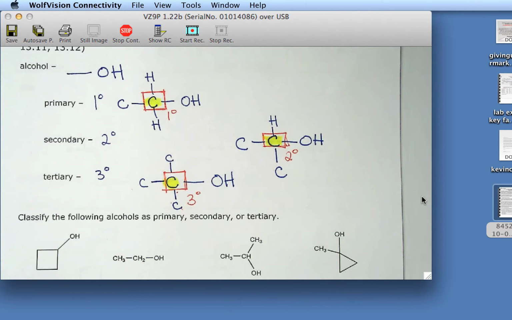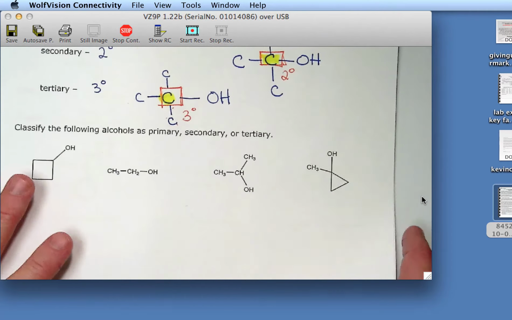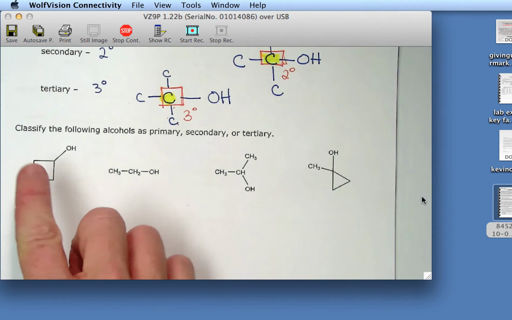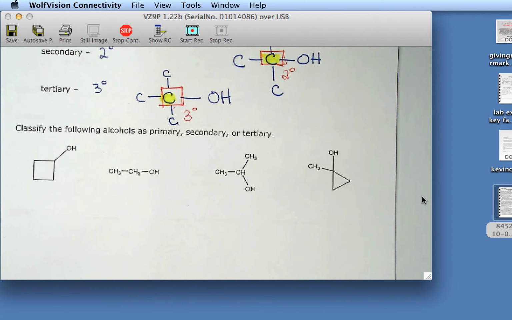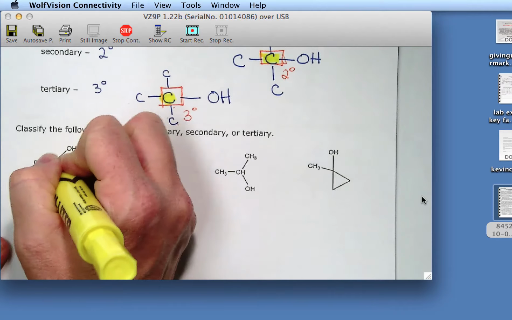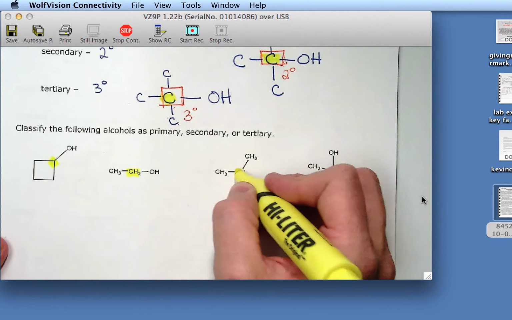So you'll use it to write out little things to remind yourself about reactions. When you're asked to classify alcohols as primary, secondary, or tertiary, the only place you're looking is the carbon that bears the OH.